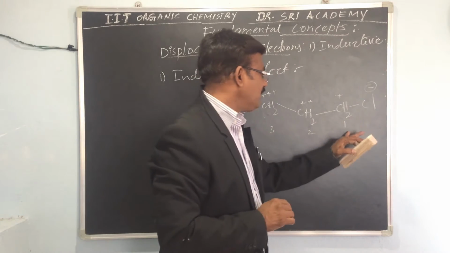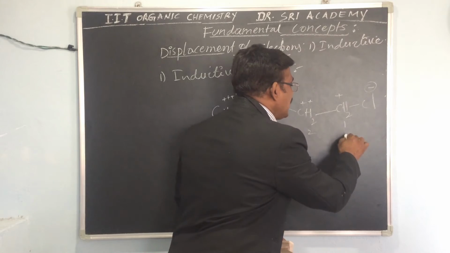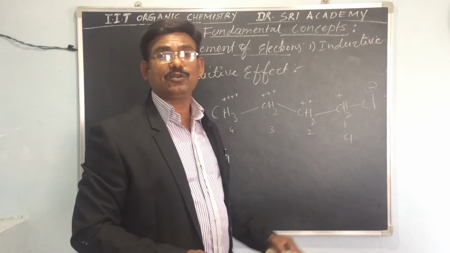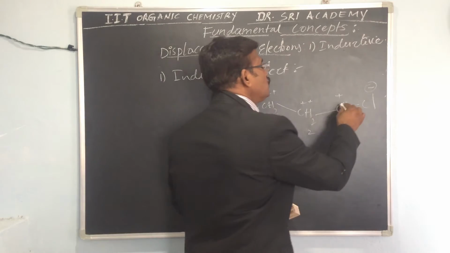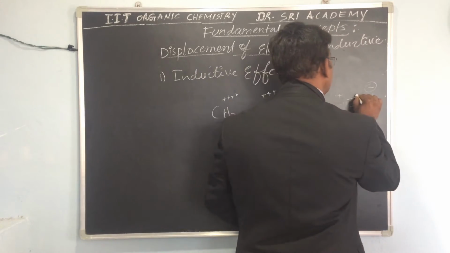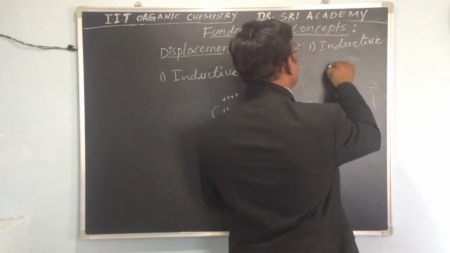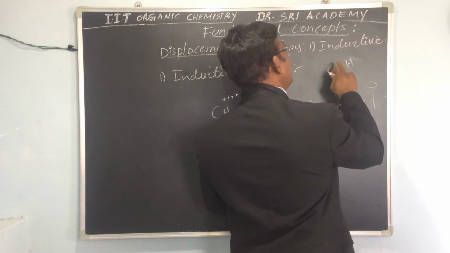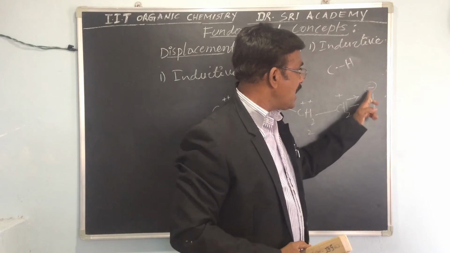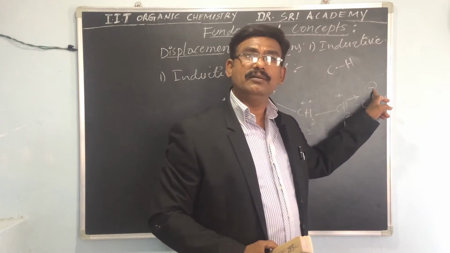Here the C1 carbon drags the sigma bonded pair of electrons towards the negative atom. The carbon-hydrogen sigma bonded electron pair moves towards the partially negative atom.